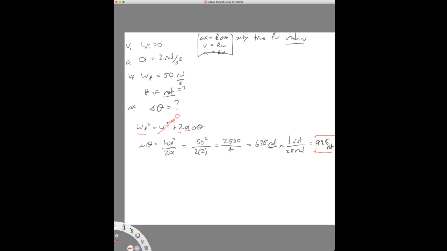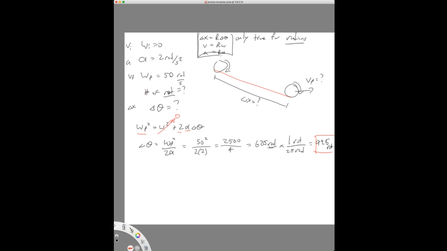Okay, now sometimes the problems will want us to connect the rotational motion with linear motion. So of course, if this is a wheel, and it's rolling down a ramp, and we want to know, for example, what is the distance that it traveled, and we want to know what is its final velocity.